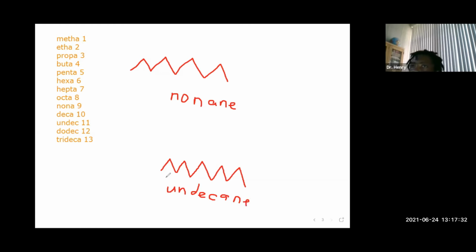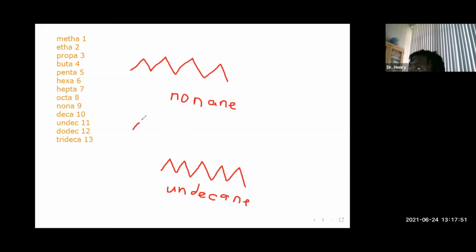Each point counts as a carbon. That's 1 carbon, that's 2 carbon, that's 3 carbon, that's 4 carbon, that's 5 carbon, that's 6 carbon, that's 7 carbon, that's 8 carbon, that's 9 carbon, that's 10 carbon, that's 11 carbon. Okay, simple.